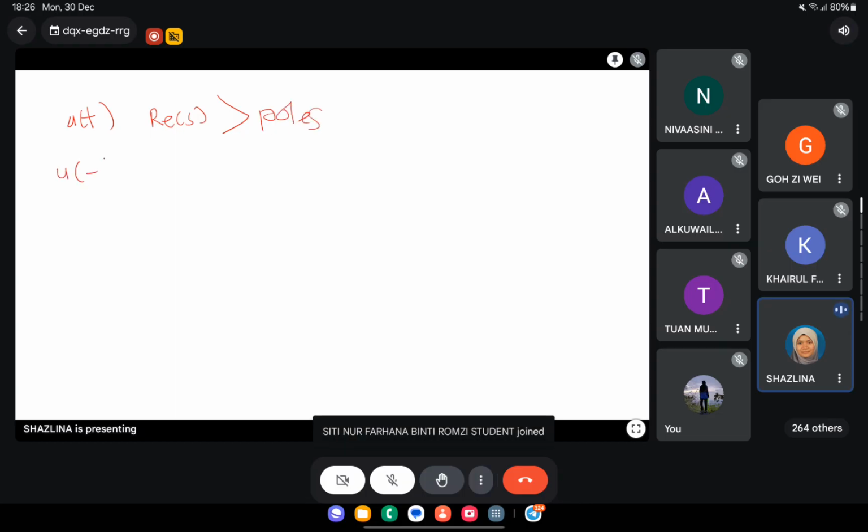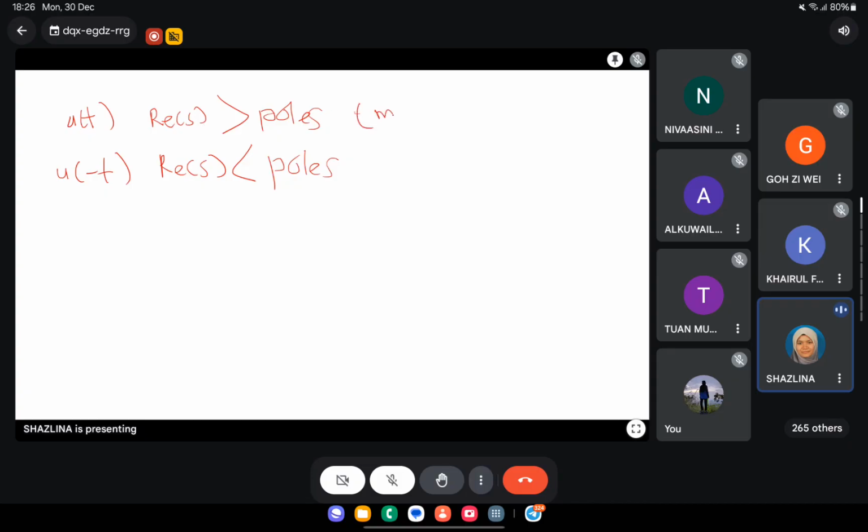If it's a left-sided, the ROC must be smaller than the poles. But if you have two right-sided, then you choose the maximum pole value. If you have two left-sided, then you choose the minimum pole. So you have to remember right-sided means u(t), left-sided is u(-t). So these are the rules for ROC.